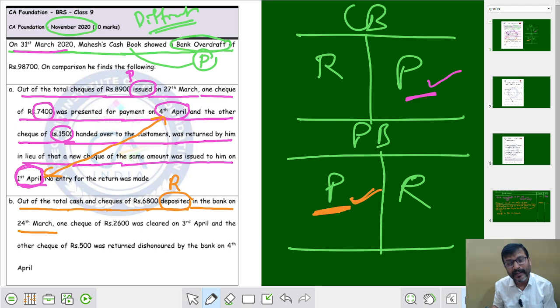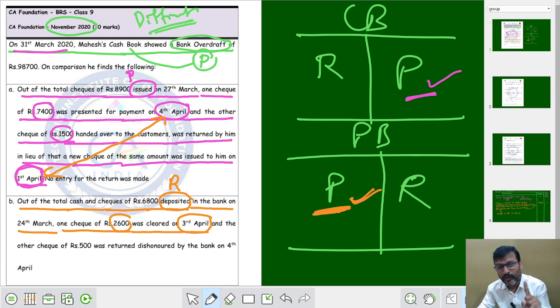When is it deposited? 24th March. One check for 2,600 was cleared on 3rd April. When is it cleared? 3rd April. Means not cleared till 31st March. Who has a right to clear? The banker has a right to clear. Right? Not cleared means not received by bank. No receipt in passbook in the month of March.